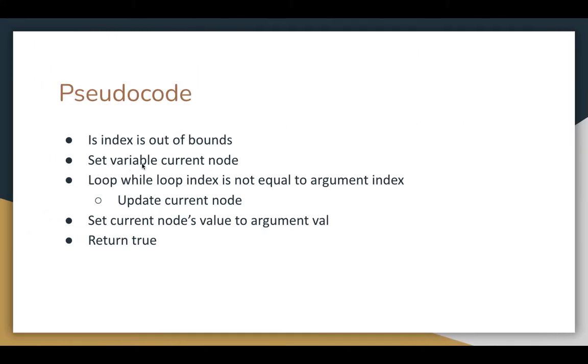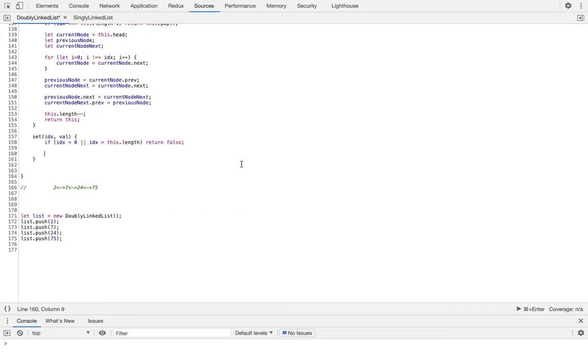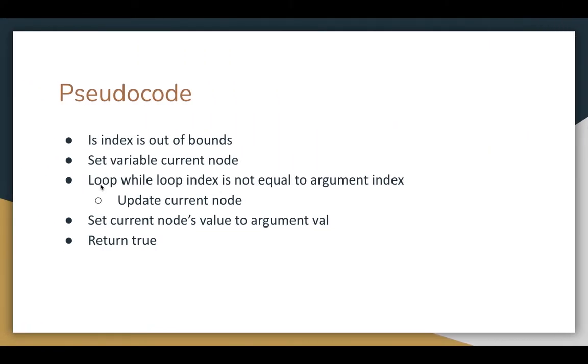All right, next we're going to set the variable for the current node. So let current node, to start off, be the head. And for this, we're going to use a loop. We're going to loop while the loop index is not equal to the argument index.